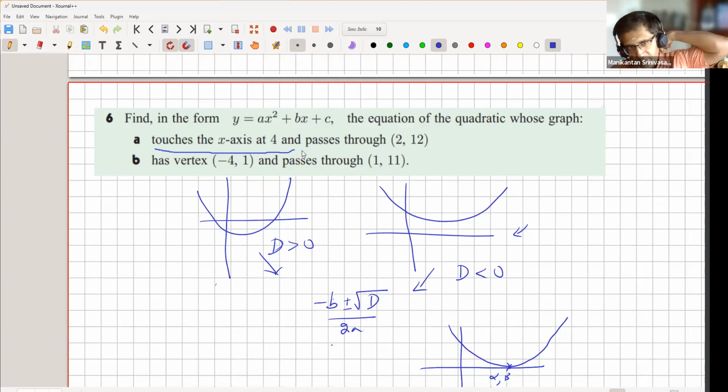Abhiya, you want to try 6A? What is the equation of the quadratic whose function is this? So I can try. Can I solve it first? Yeah, I'll give you some time.